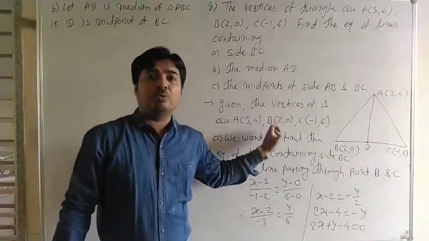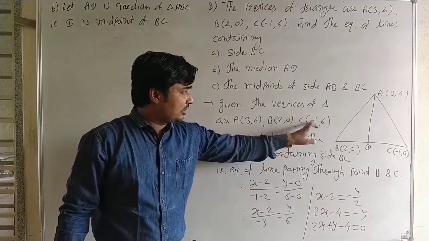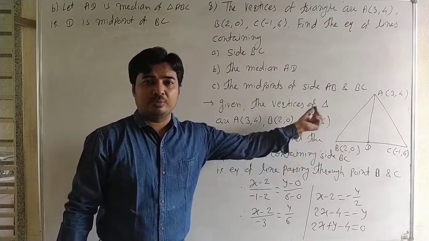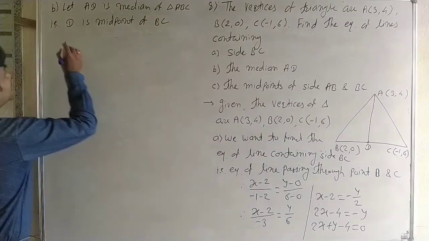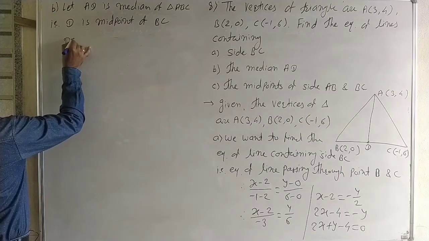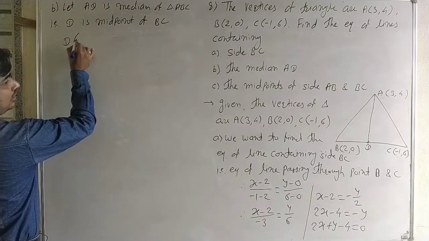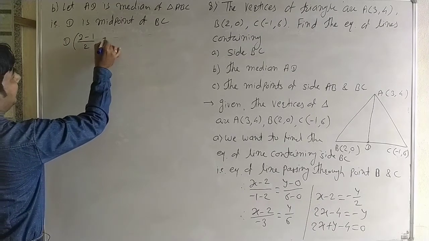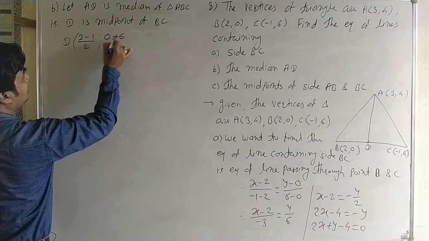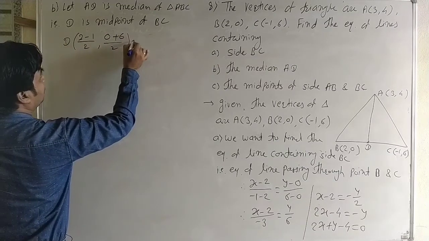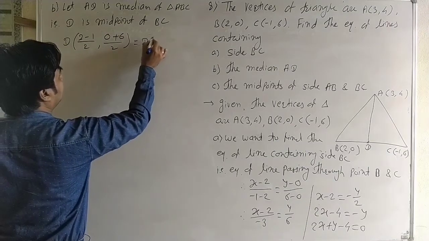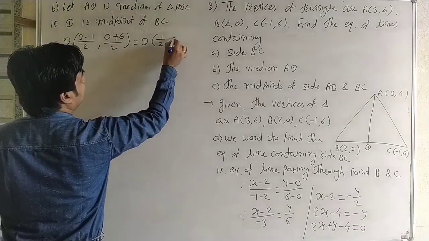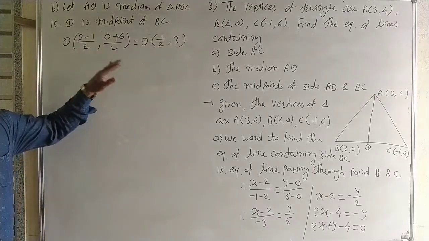Then we know the midpoint formula: for (x1, y1) and (x2, y2), it is (x1 plus x2) upon 2, (y1 plus y2) upon 2. Therefore the coordinates of point D are (2 plus minus 1) upon 2 and (0 plus 6) upon 2. Therefore D is (1 by 2, 3).